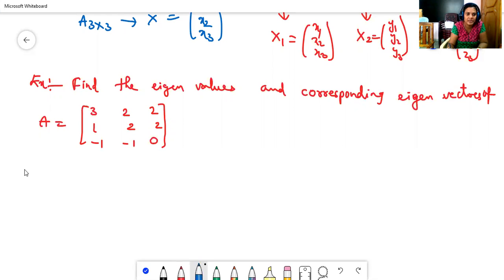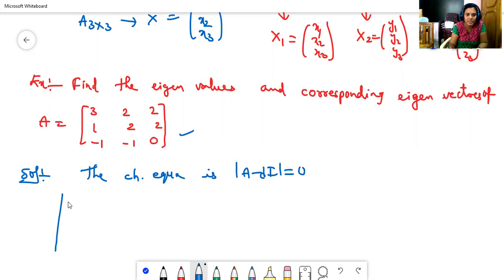In this, first we take the A matrix and the characteristic equation, determinant of A minus lambda I is equal to 0. Only the diagonal elements have lambda subtracted. 3 minus lambda, 2, 2, 1, 2 minus lambda, 2, minus 1, minus 1, 0 minus lambda, which is minus lambda, equal to 0.